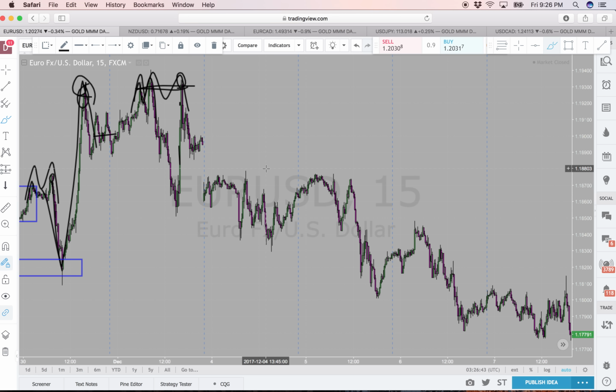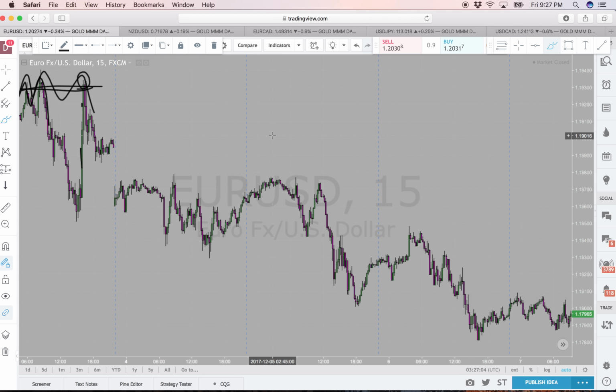Why did the market do what it did? Why did price move where it moved? Why did the consolidation consolidate here? And then where do I think the retail traders are according to this consolidation, the highs and the lows of the day, the previous day, and whatnot?